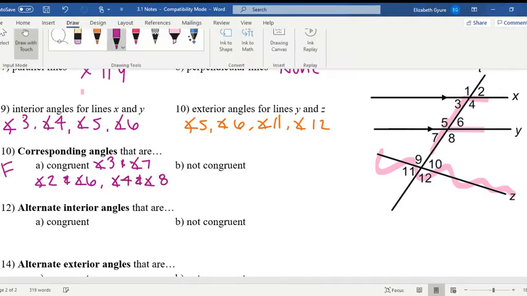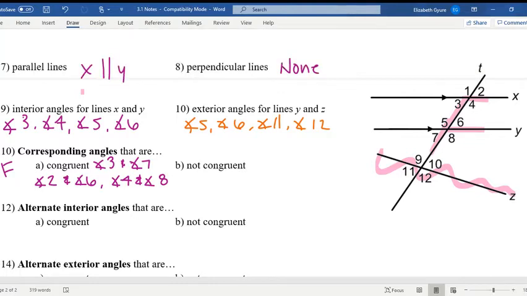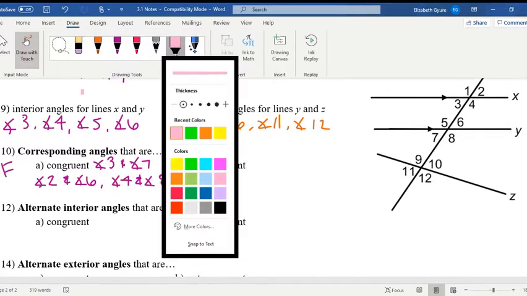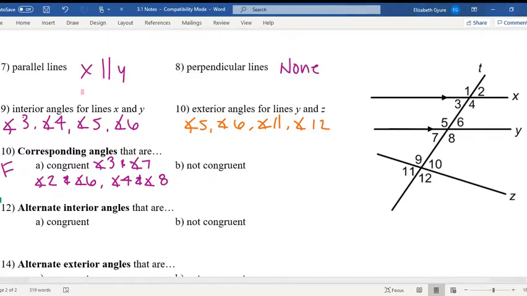Good. All right. Now we're looking for ones that are not congruent. So not congruent means don't look at your parallel lines, right? We want to look at lines that aren't parallel. Now, Y and Z aren't parallel, so we can look at ones formed by those. X and Z also aren't parallel.